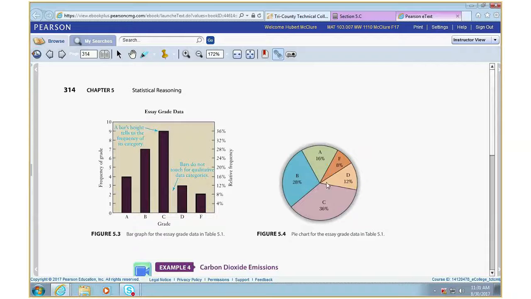What should you be able to do with a pie chart? Well, let's say N is equal to $1,000, your paycheck per month. Then how much do you spend on gas if gas is C? You spend $360 on gas because you take a percentage of that $1,000. 36% of 1,000 is $360.